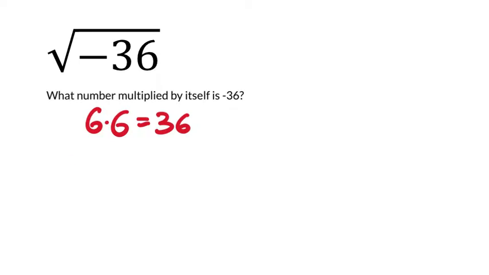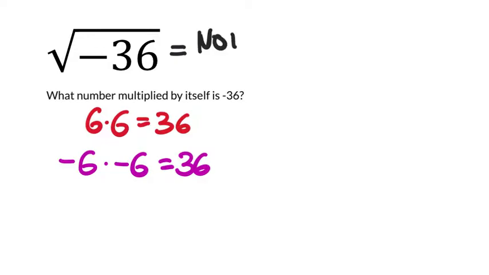Fair enough. Well, let's just say negative 6 then. Negative 6 times negative 6. Remember, it has to be the same number multiplied by itself, even if it's negative. The problem with this is it also gives us a positive 36 value, which tells us right here, this one's just not real. What does that mean, not real?